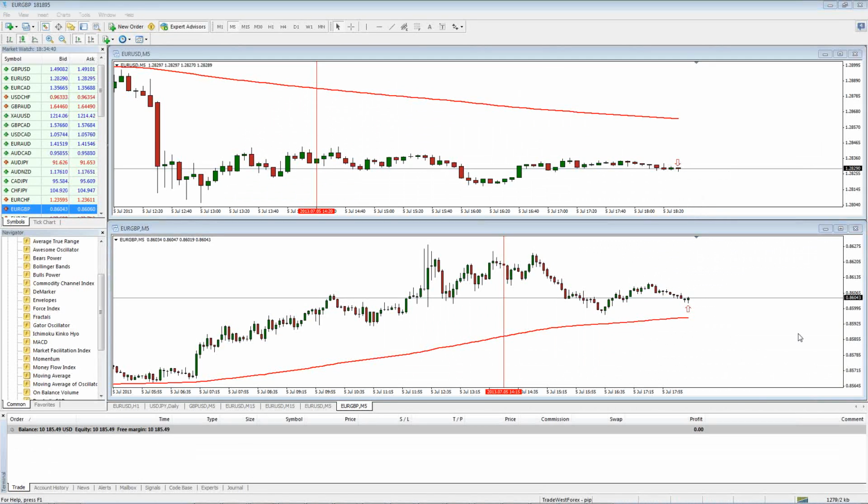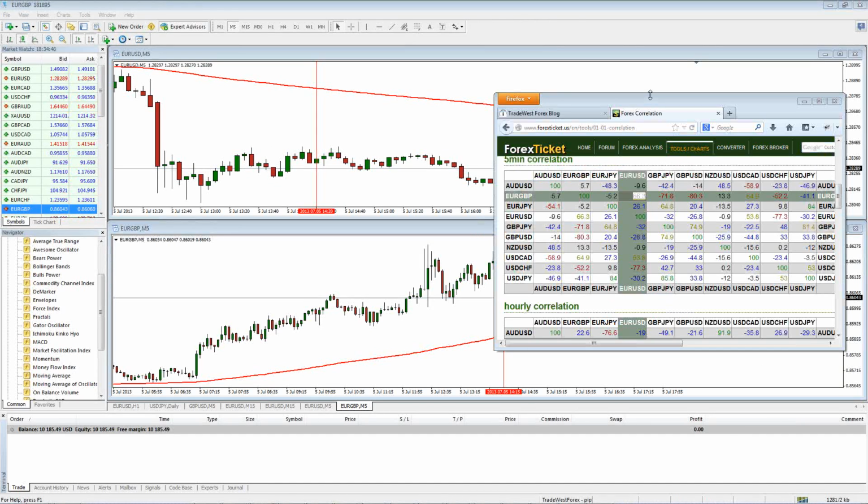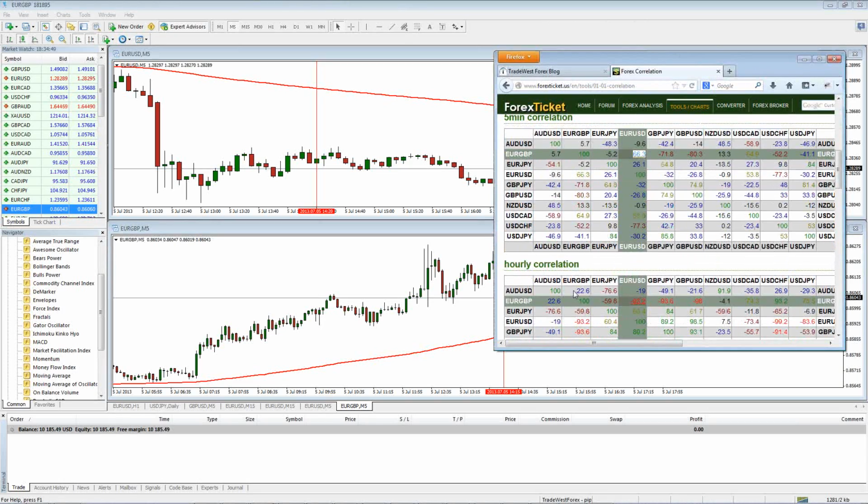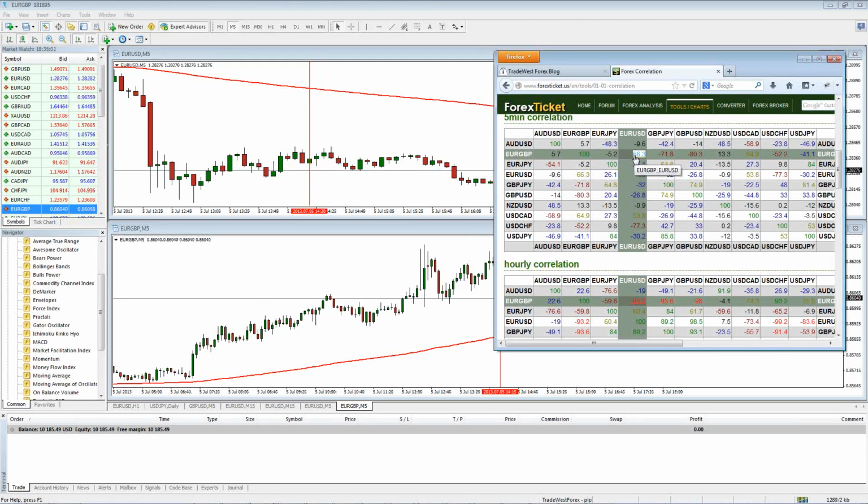Let me go back to this correlation table. Okay, so as you can see here, the hourly is at -93, where the 5-minute is positive 66. So what we should see, if we're making money on this trade, is that this number is dropping.